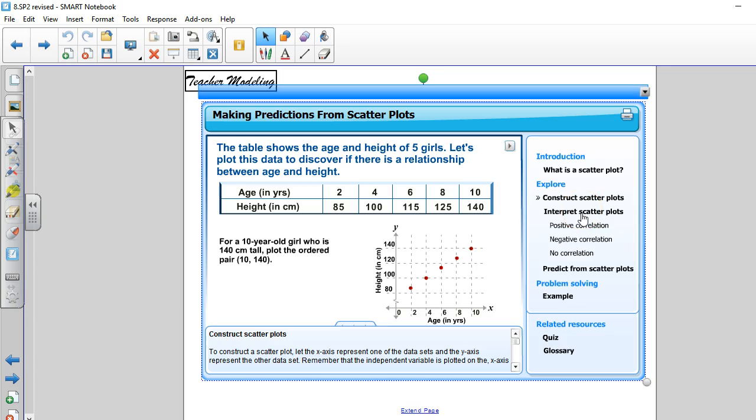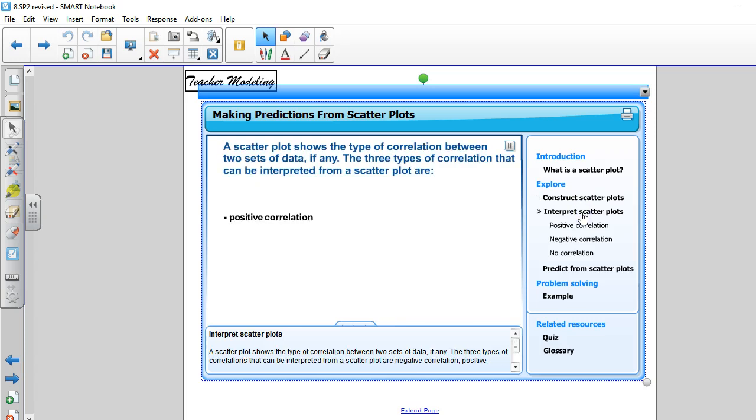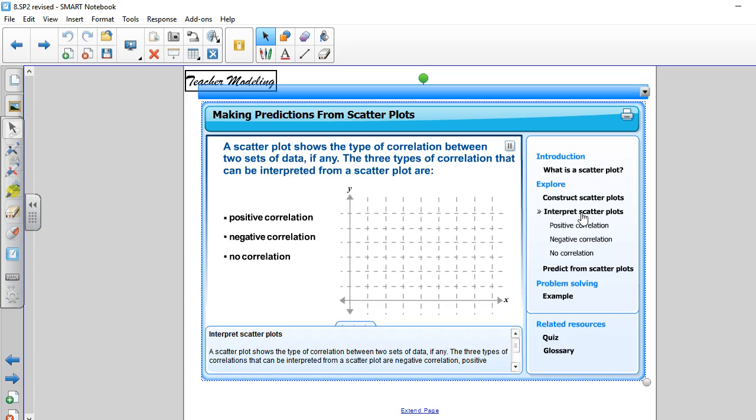Now we have a scatter plot, and we need to look to see if there's any type of line of best fit. Remember, the line of best fit can be a positive correlation, a negative correlation, or if we can't fit a line to the data points, we just say there's no correlation.